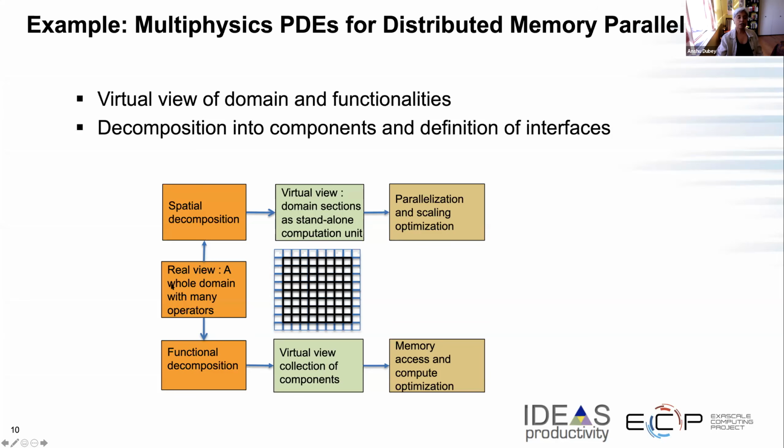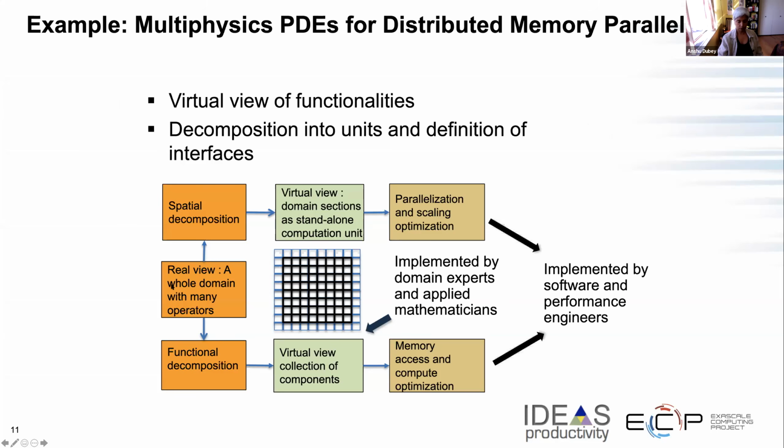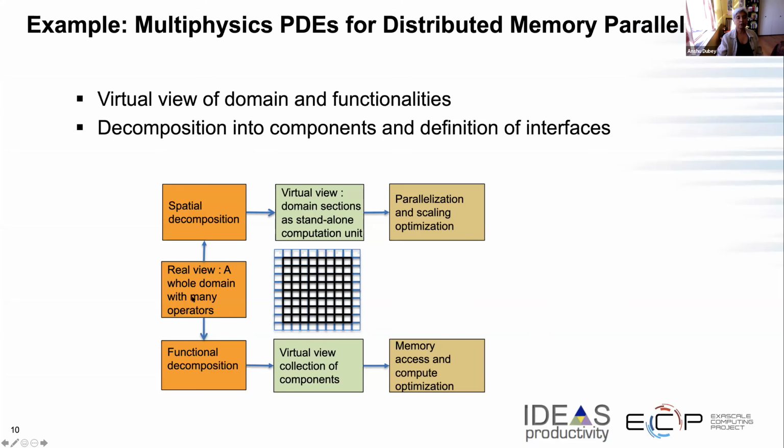And then because we are dealing with multiphysics applications, there is a functional decomposition which normally manifests itself in the form of an operator split, and that becomes a virtual view that is a collection of components. And so this is how the separation of concerns happens: the parallelization and scaling optimization can happen at the level of domain decomposition, whereas memory access and compute optimization can happen at the level of each individual operator and function.